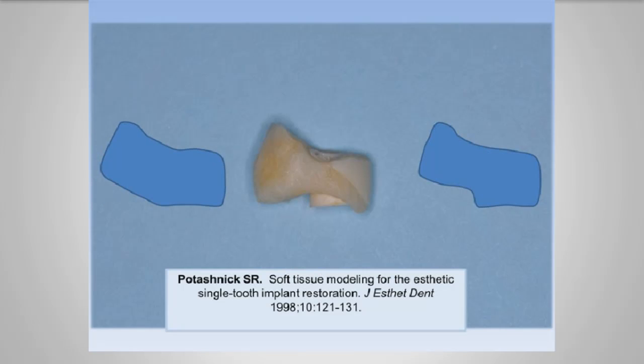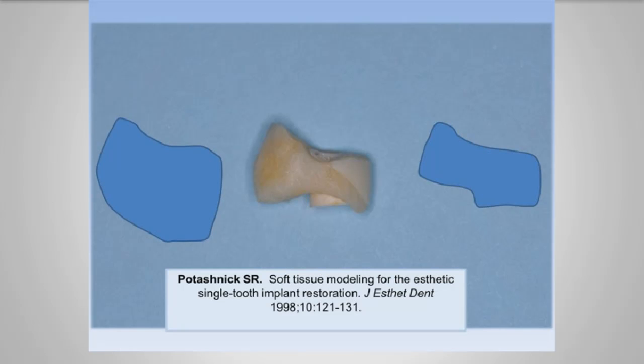The platform now is down here. So one could say that the more that the implant is off bodily, the deeper that implant restoration should be placed to give us more running room to develop the accurate emergence profile.